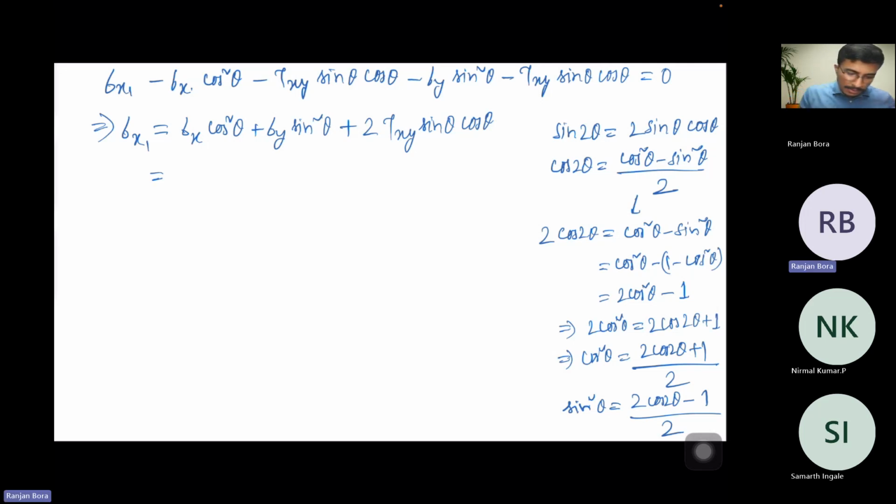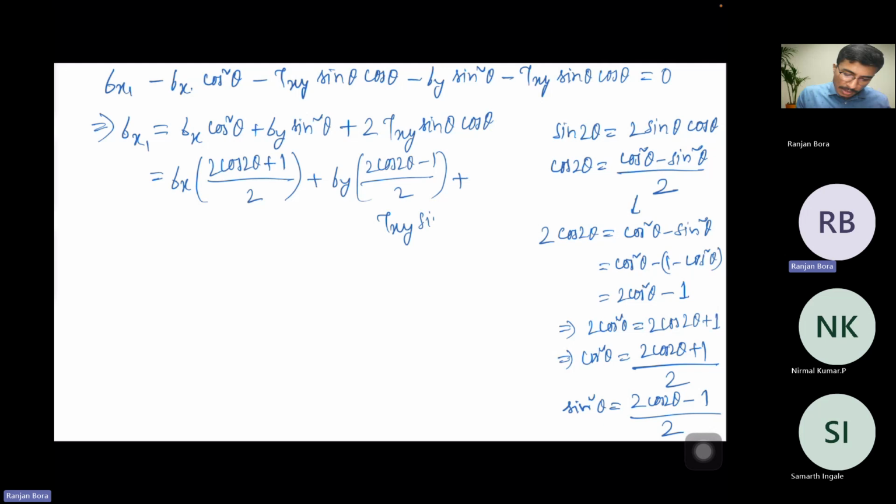So now we'll substitute sigma x as sigma y divided by 2. And we can write 2 sin theta cos theta as sin 2 theta plus tau xy sin 2 theta.